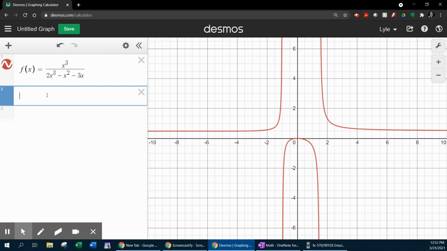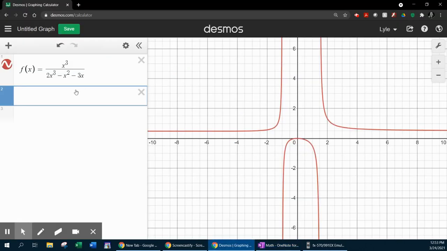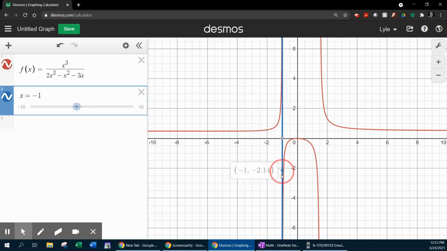And if I'm correct, x equal -1 should be the first vertical asymptote here. So I'm going to type in x equal -1, and you're going to see that there's a line there that fits nicely in between the red graph. Notice that the graph is approaching the blue line from both sides, but it'll never touch.